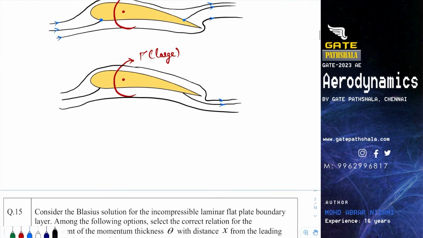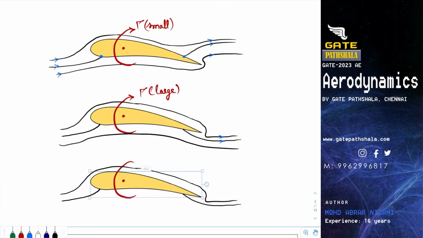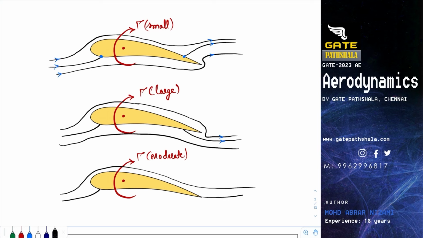Okay, so now by seeing this, if we impart the circulation moderate, in between these two, such that the flow leaves the trailing edge smoothly like this.